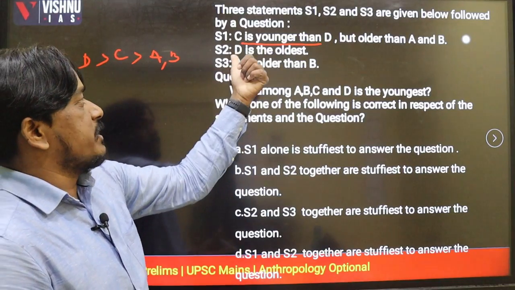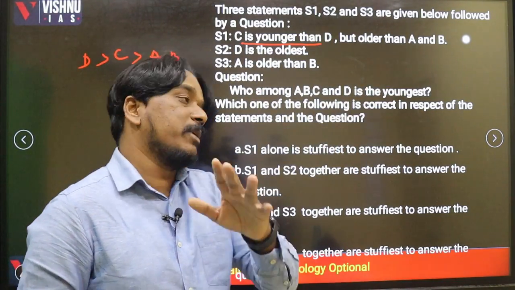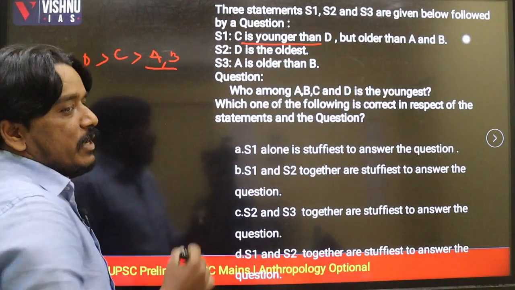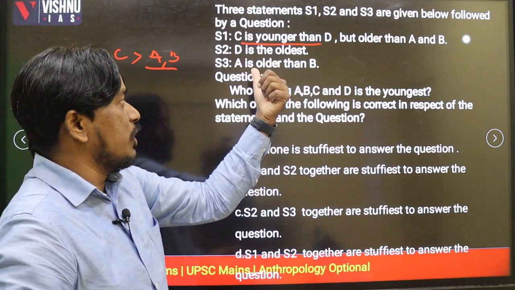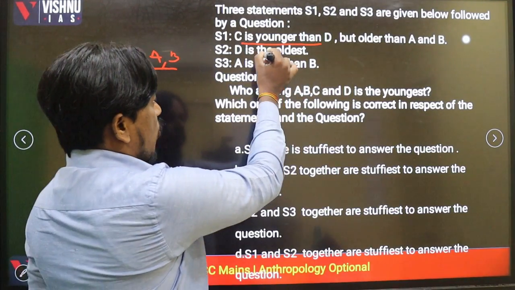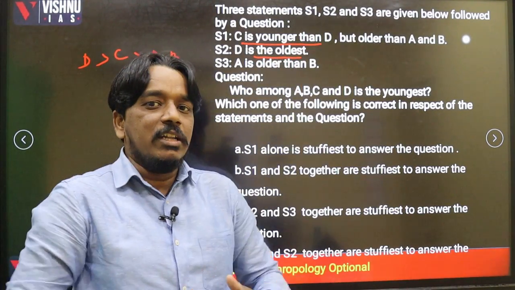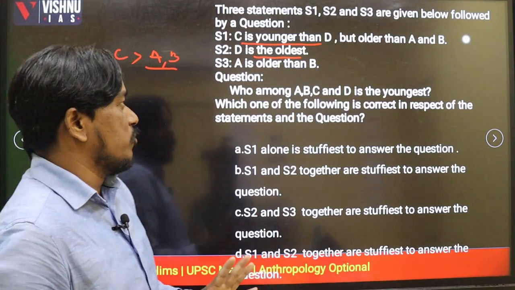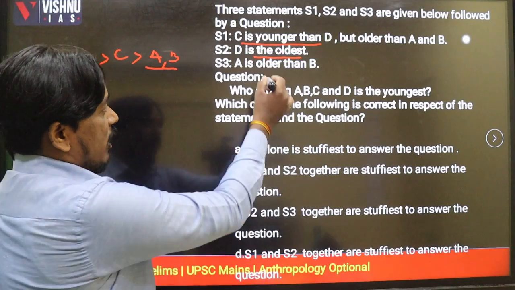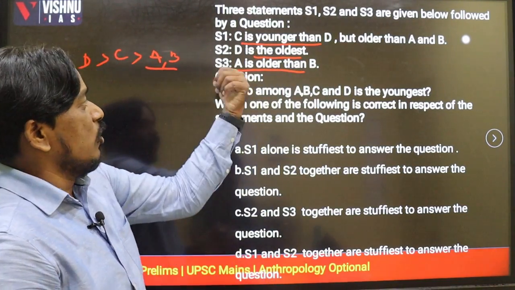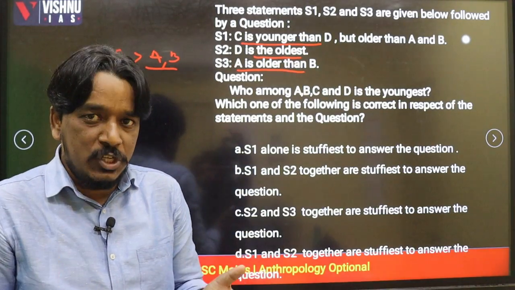Statement 1 alone is not sufficient, because if you observe this arrangement, A can be youngest or B can be youngest, so we cannot decide only from statement 1. Statement 2: D is the oldest. Just from this single point we cannot decide anything, so that is obviously not sufficient. Statement 3: A is older than B. This is also obviously not sufficient individually.